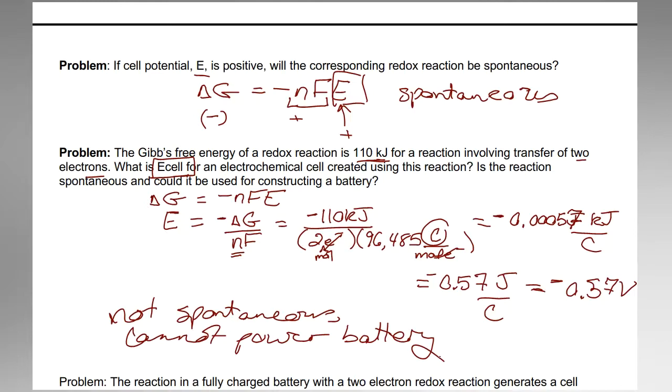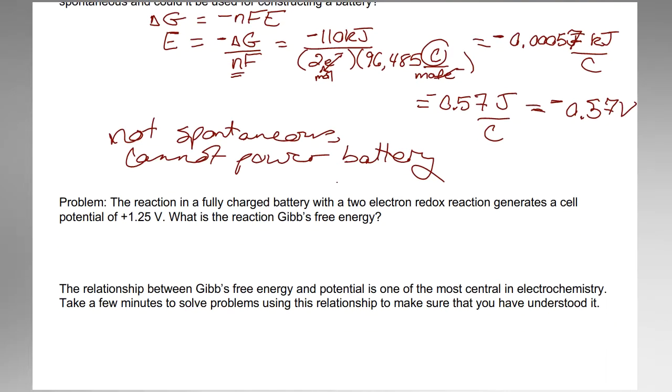Electrons also run from high potential to low potential. If you have a potential difference which is negative, that's pushing electrons uphill. That's not spontaneous. And that makes sense because our delta G in this particular problem was positive, which we know from our thermodynamics means the reaction is not spontaneous.